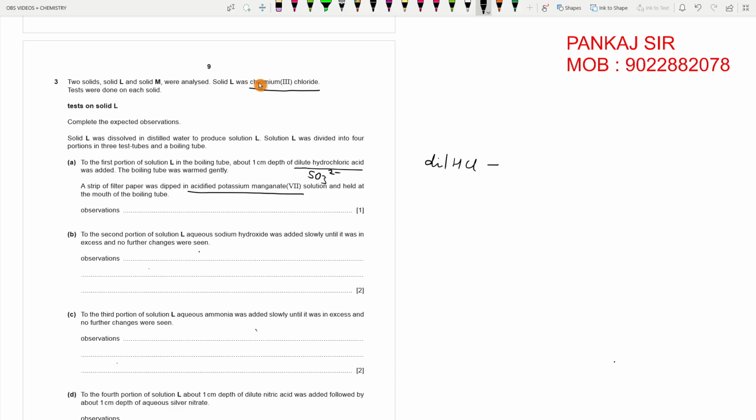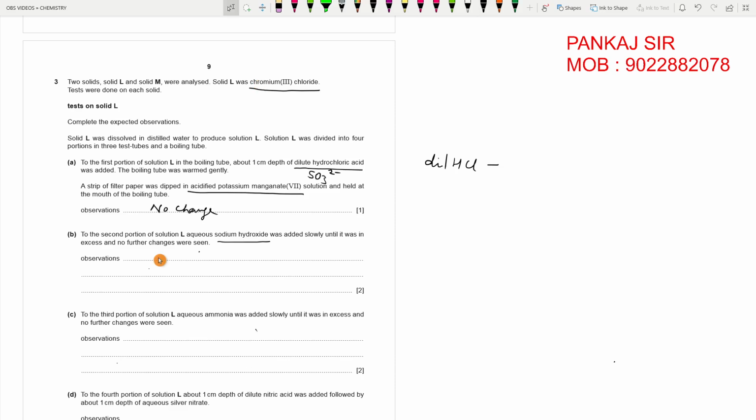Now part B of the question says that in the second portion of this L, aqueous solution of chromium chloride, sodium hydroxide was added in excess, and further changes were seen.